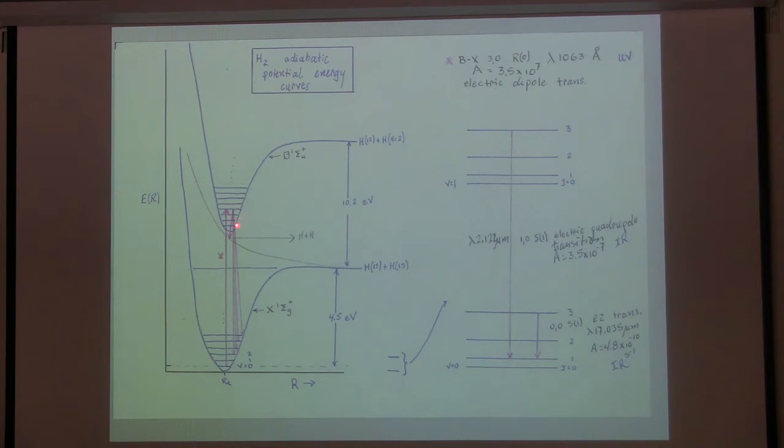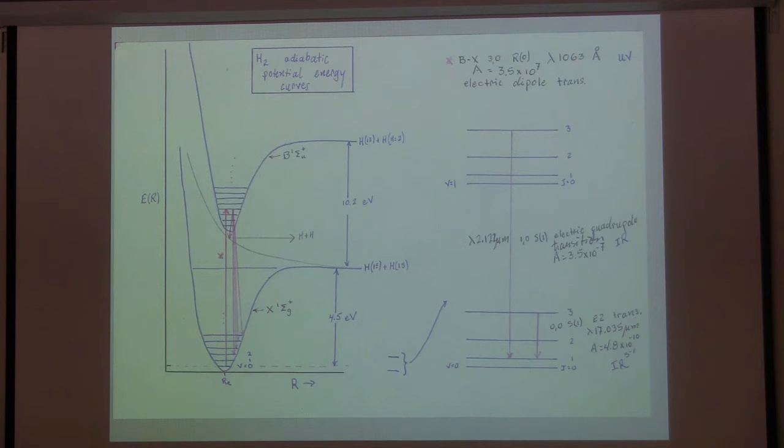The other 85 to 90% of the decays go to a variety of possible mostly excited vibration rotation levels in the ground electronic state. So the molecule is preserved, but it's excited. And there follows a cascade of radiative transitions.